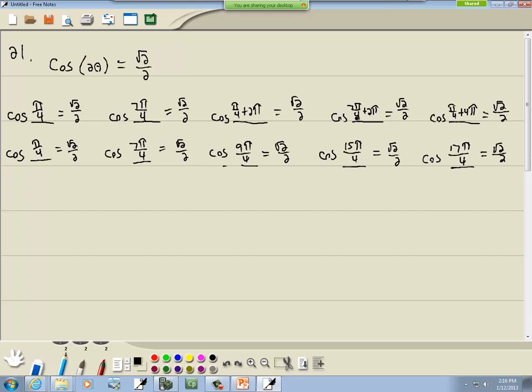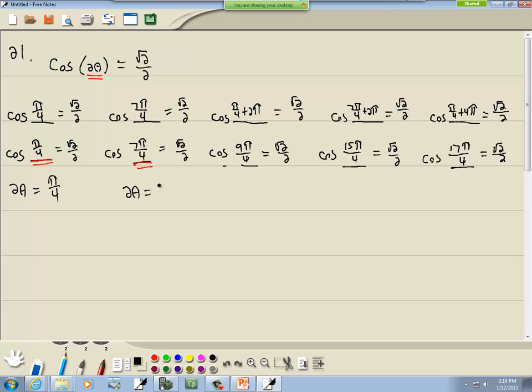Okay, let me double check this. Okay. Well, these would be our answers if this was theta, but it's not theta. It's 2 theta. So what we're going to do is take this 2 theta and set it equal to pi over 4. So 2 theta is equal to pi over 4. We're going to take that 2 theta and set it equal to 7 pi over 4.